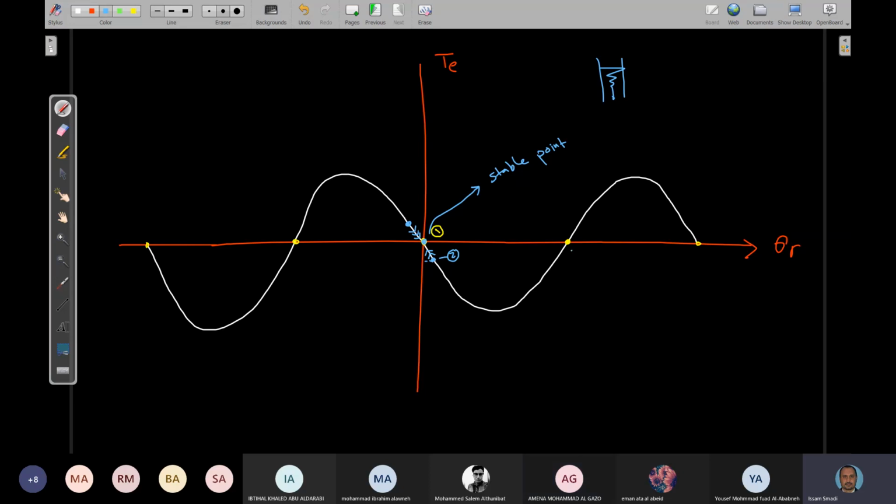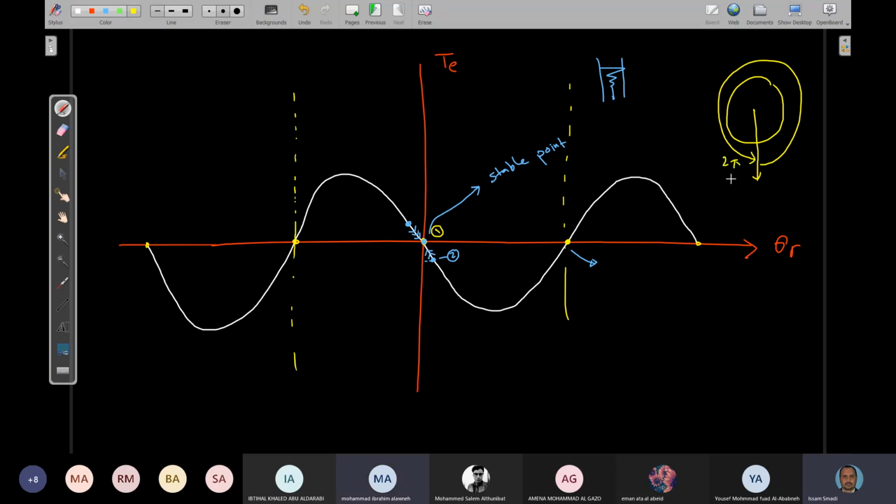What about this point? Now in this point, let's also discuss the same. Actually, the end points are the same, because this one is 2 pi. You know that, it's cylindrical. So if I'm starting here as my reference, this will be 2 pi.